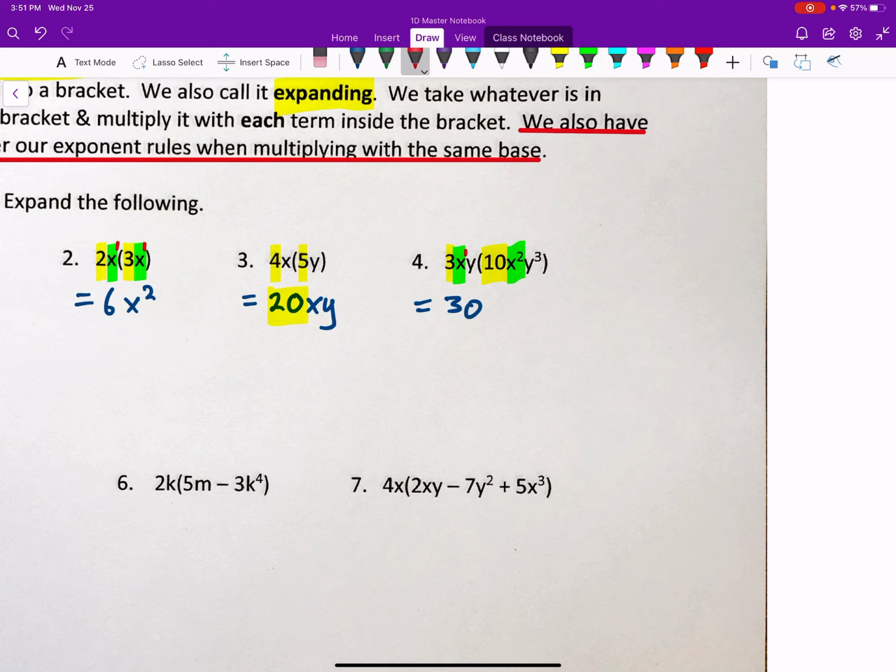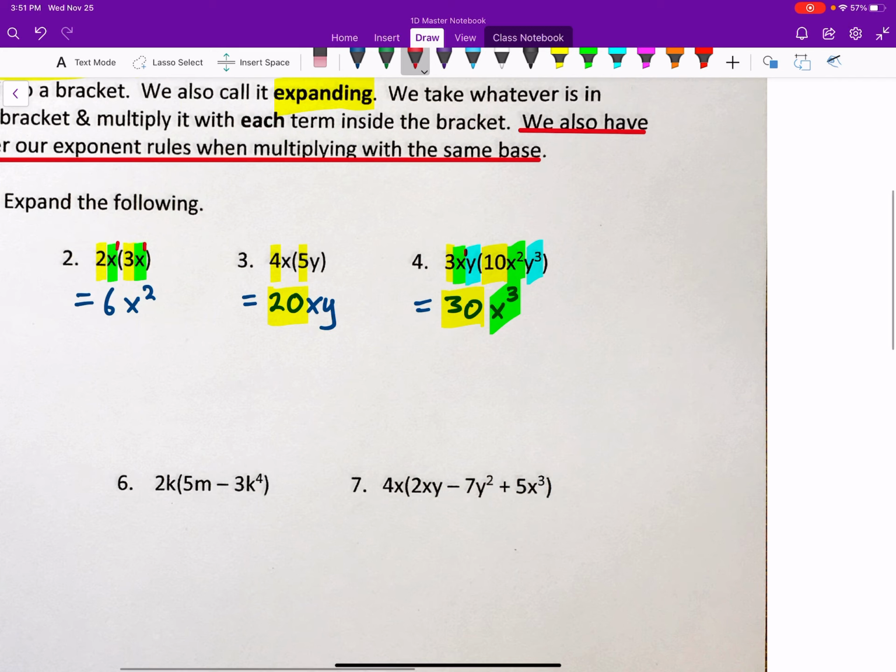So I'm going to multiply 2 powers with the same base. One of them's x to the 1, and the other one's x to the 2. And so then we have x to the 1 plus 2, which is x to the 3. So I'd write that down. And I've also got y's, right? So I've got this y, which is assumed to be y to the 1, and y to the 3 here.